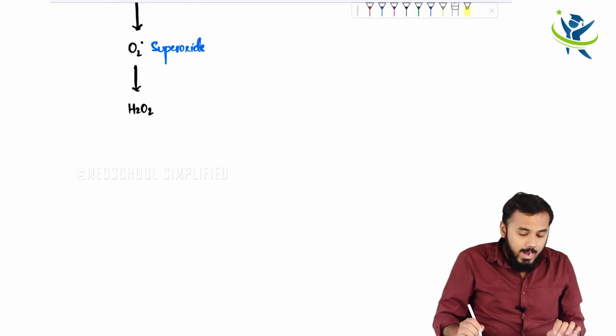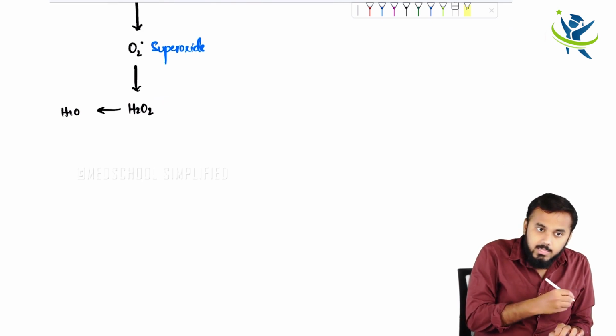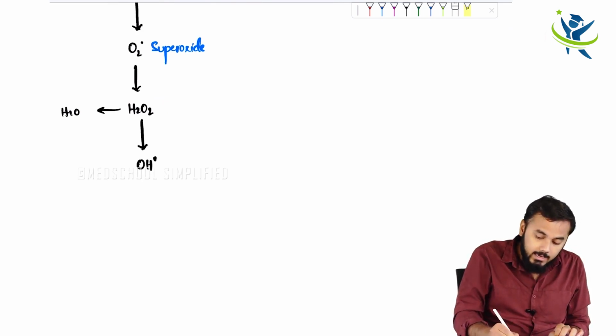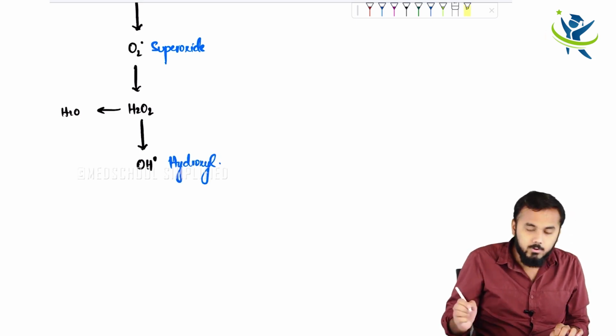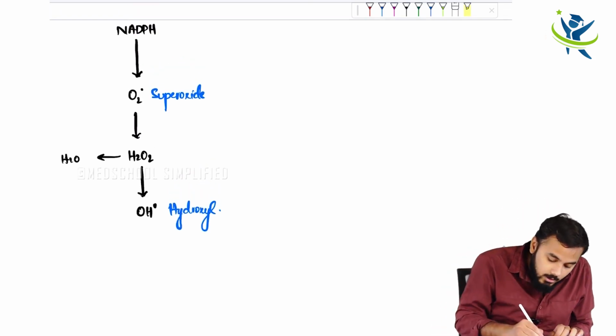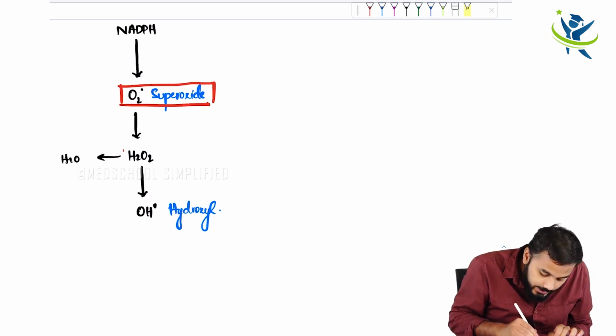And I told you, hydrogen peroxide on one side will be converted to water and oxygen. On the other side it will be converted to hydroxyl radical, isn't it? So NADPH is producing superoxide. It is also responsible for producing H2O2.